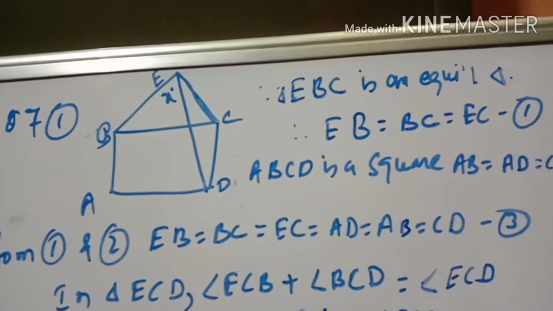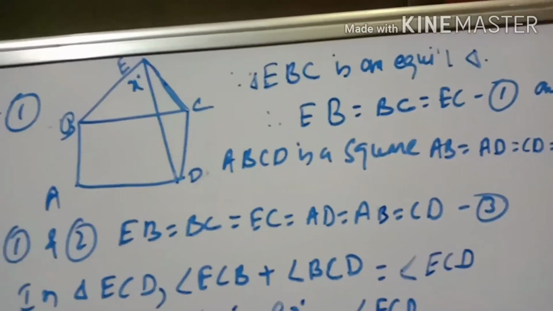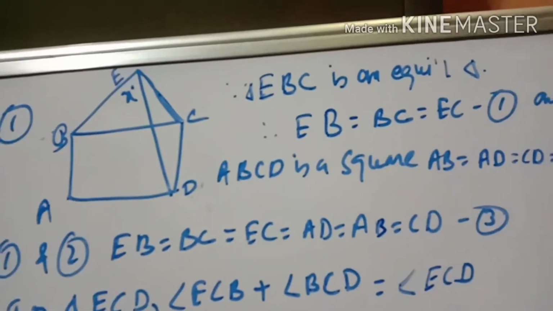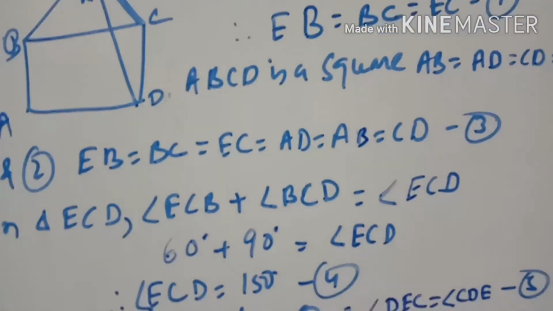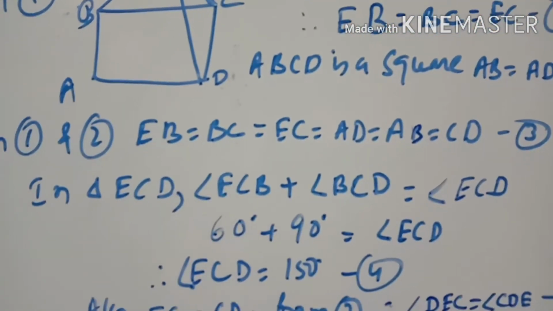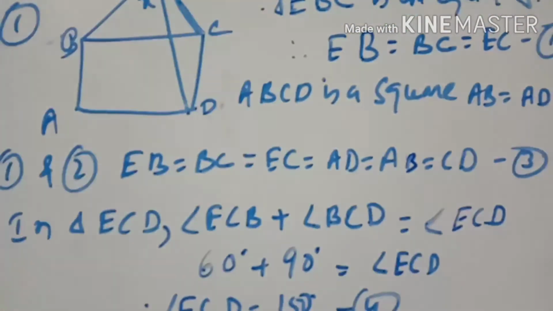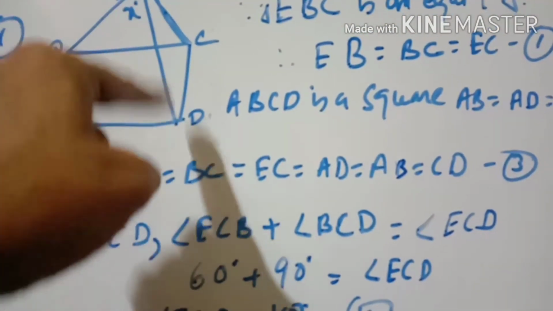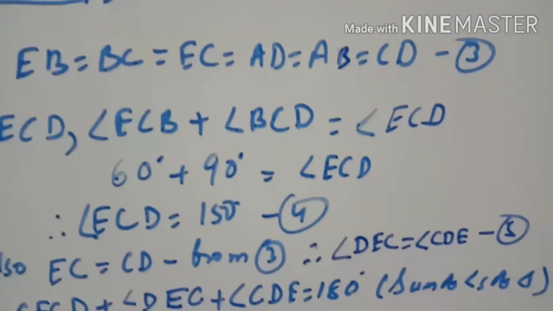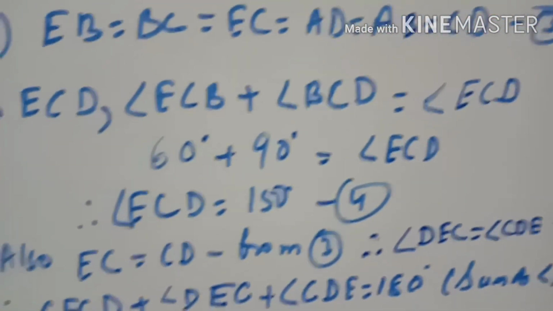Also, EC equals CD from 3. Therefore, equal sides have equal angles. Therefore, angle DEC equals angle CDE. Now, I can write angle ECD plus angle DEC plus angle EDC equals 180 degrees. Why? Sum of angles of a triangle.